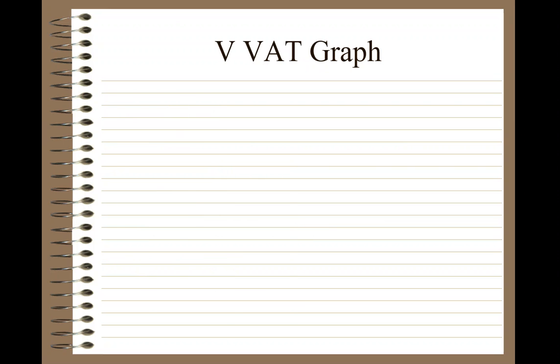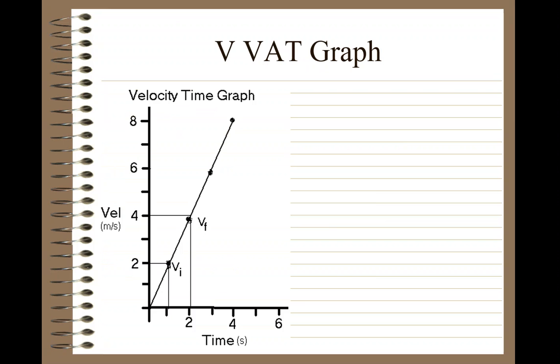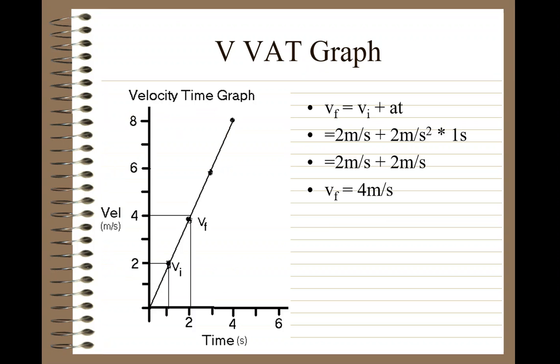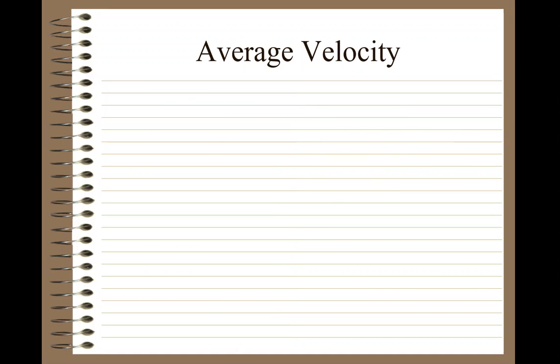You can also show this graphically if I have a nice velocity time graph, and I have 2 points on there, initial and final velocity, and I can actually plug in the values, and it does work out showing the physics, so that's cool. In other words, I can solve for stuff on a graph without actually having to use a graph. I can just use an equation.